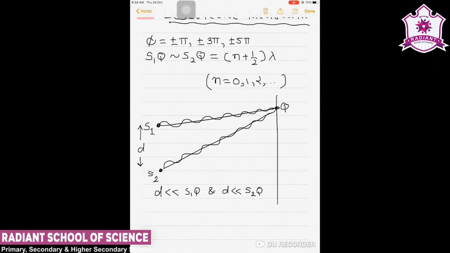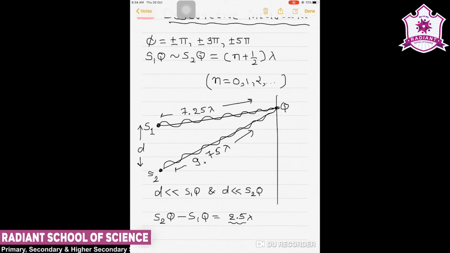Suppose we consider that S1Q is about 7.25 lambda and S2Q is about 9.75 lambda. This is just an assumption. Then S2Q minus S1Q is about 2.5 lambda.